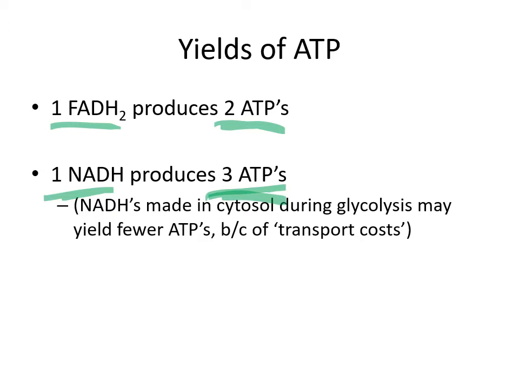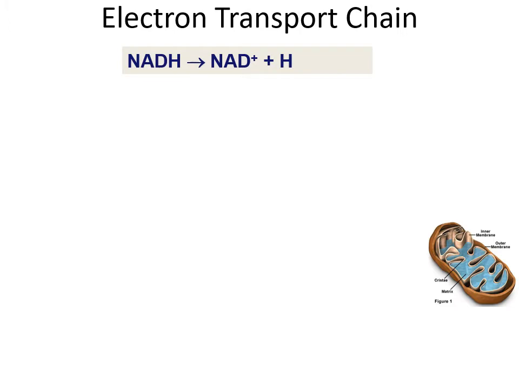The NADHs made during glycolysis, however, aren't in the mitochondria, so they've got to get there, and that can sometimes reduce the amount of energy that they have. It may have to go through a particular process that uses up some of that energy, and so that's why you'll see the variation in the amounts. Not only is it an average between all of it, but again, the transport costs of those NADHs during glycolysis could decrease their amount.